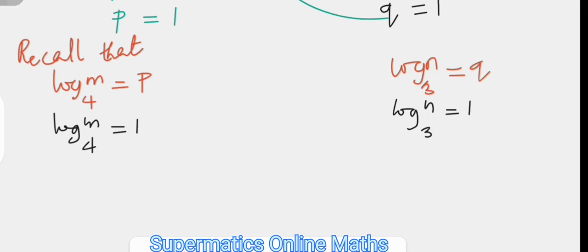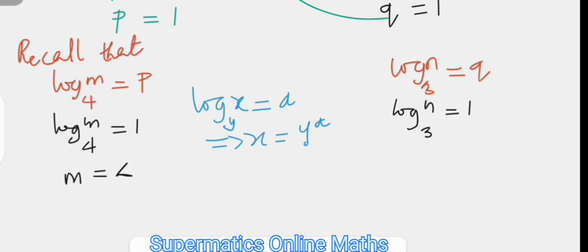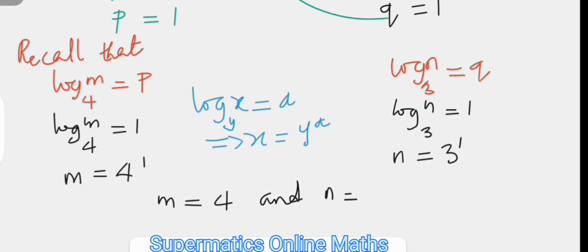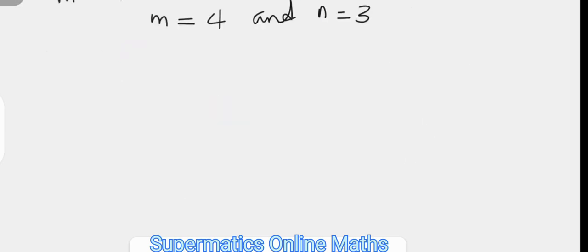And by definition, when the logarithm of x to base y is a, it follows that x is y to the power of a. This means that m is going to become 4 to the power of 1, and n is 3 to the power of 1. Therefore, m is 4 and n is 3 as the solutions.